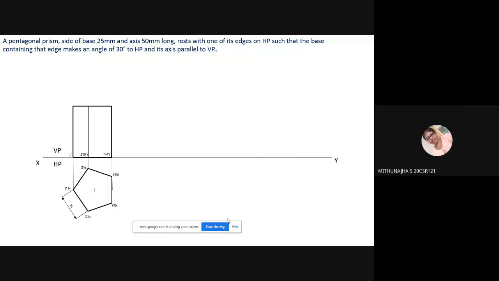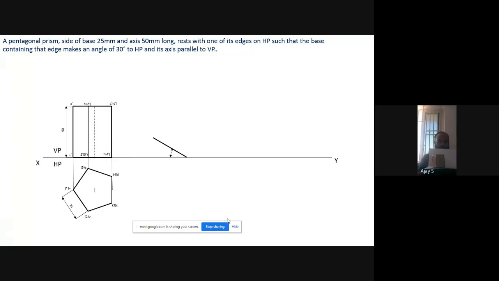Okay. Now the question says that the base, this is the base in which it rests, these edges which will rest, it will be inclined at an angle of 30 degrees to HP. So this is one. This will be point 1, 2, 3, 4, 5.